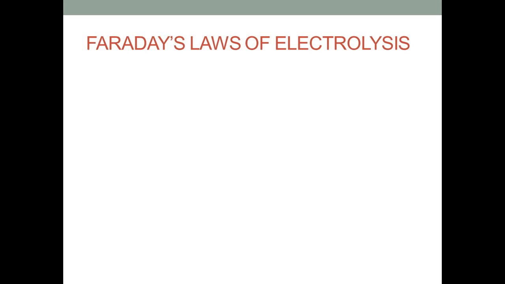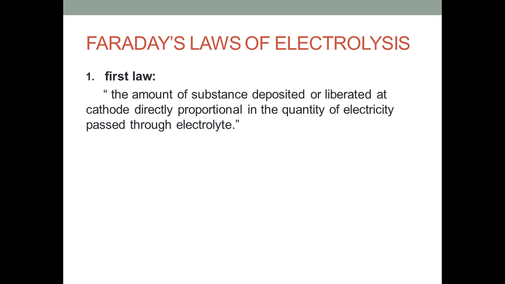So what do we see in the first law? The amount of substance that is deposited or liberated at the cathode is directly proportional to the amount of charge that flows through the circuit. That means as we increase the quantity of charge, the quantity of substance deposited on the cathode will also increase.